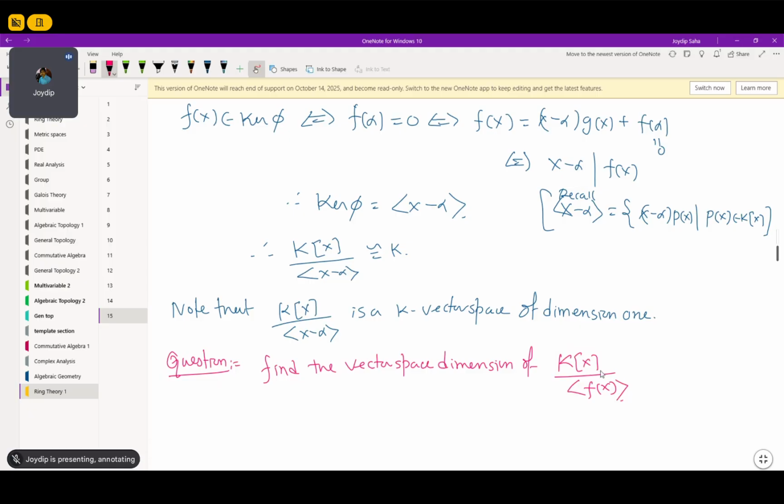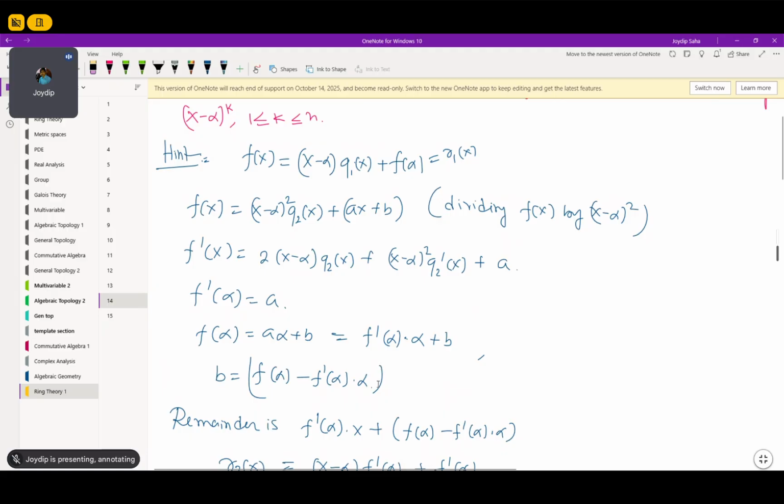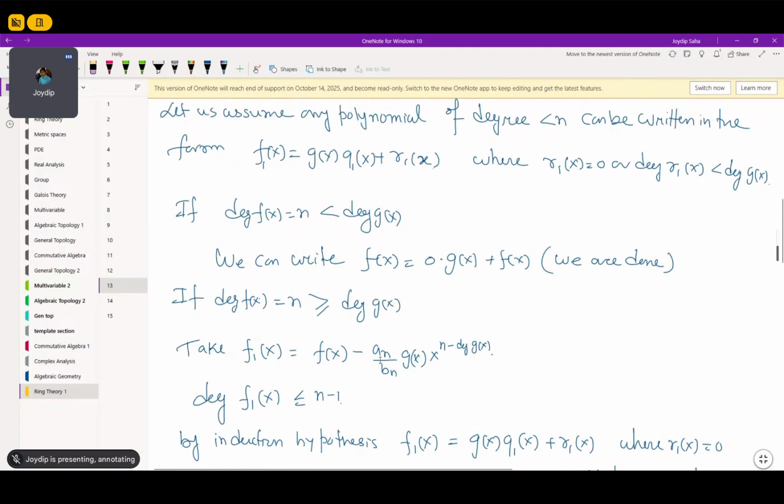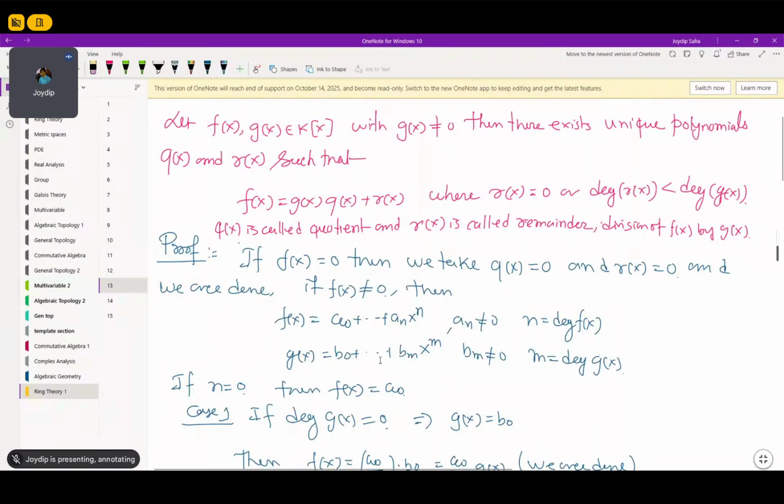You know that any ideal of k[x] is principal. Oh, I have not proved it yet. So I can prove it by the division algorithm that any ideal of k[x] is principal.